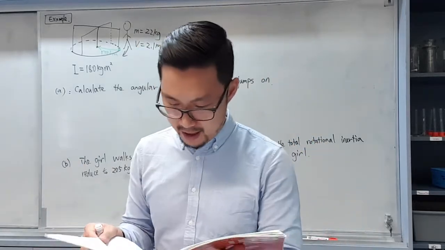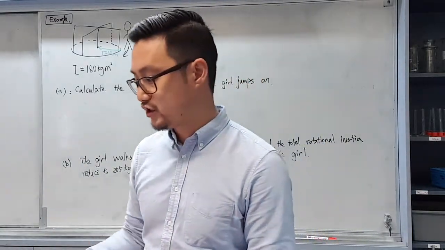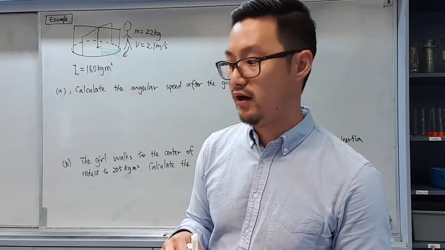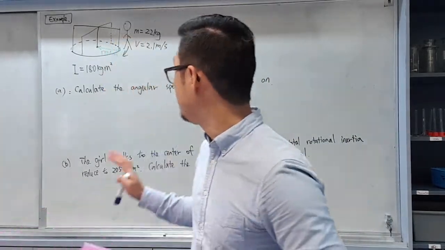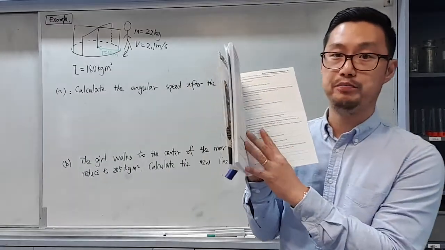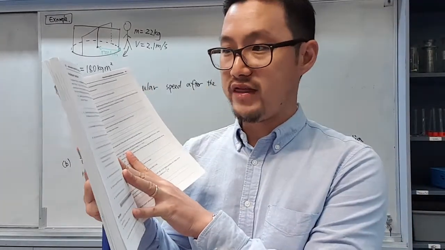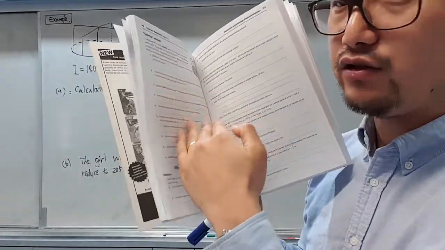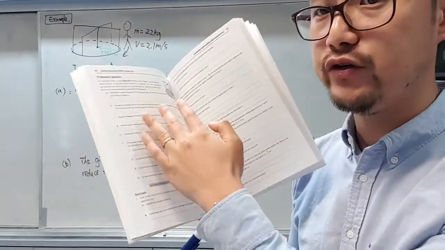Today I just want to show you an example of conservation of angular momentum. This question comes from your textbook, if you have it. It was the first question in the book, and the book breaks it down into so many questions for you to calculate.